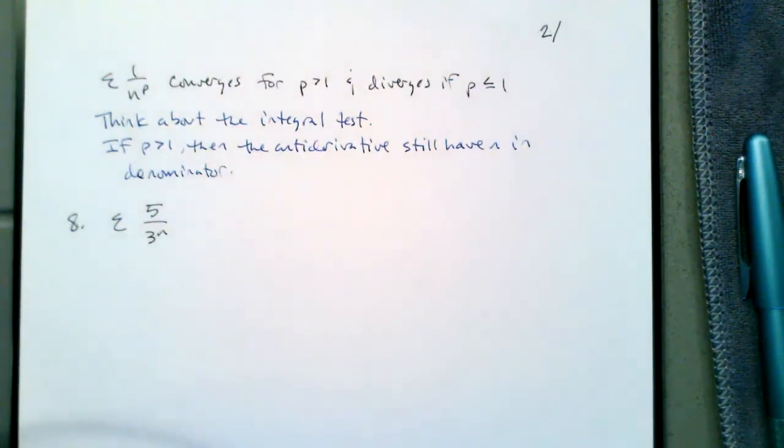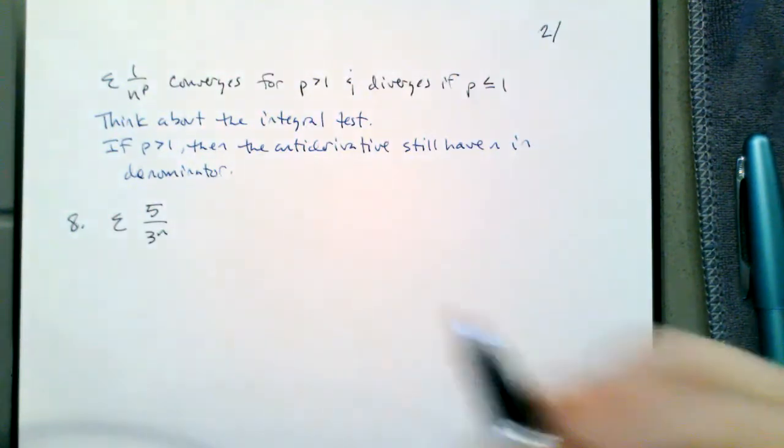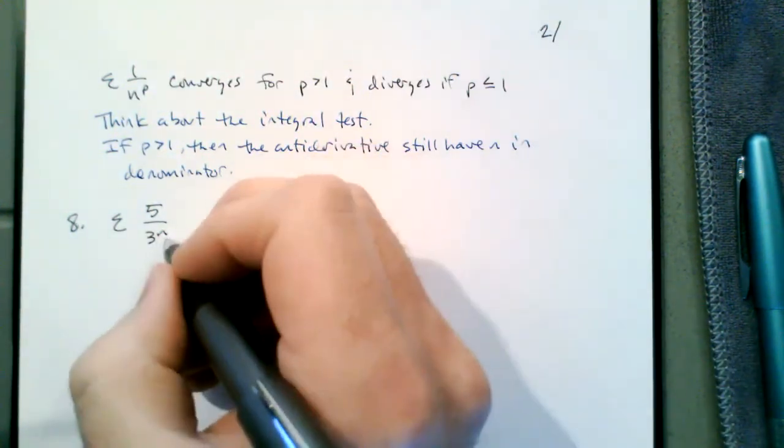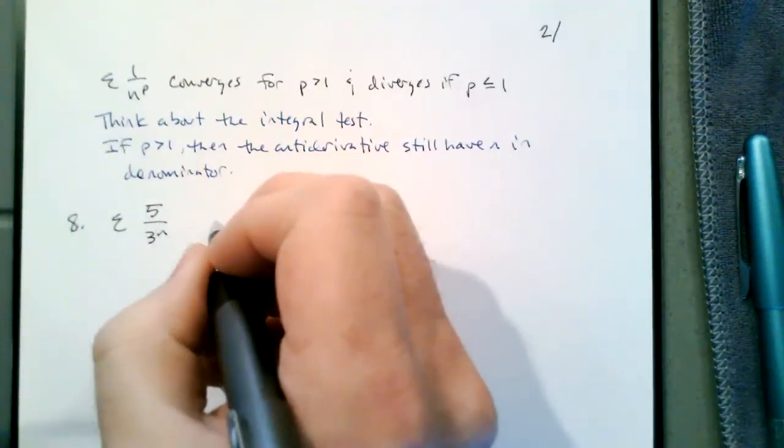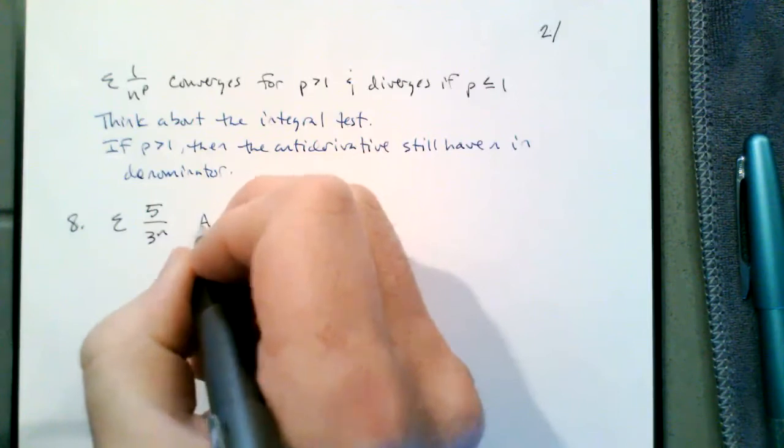So we also have to be able to recognize other kinds of series. So here we have 5 over 3 to the n. This is geometric. We have 5 and then a 3 to the n. So this is geometric, and all the terms are positive.